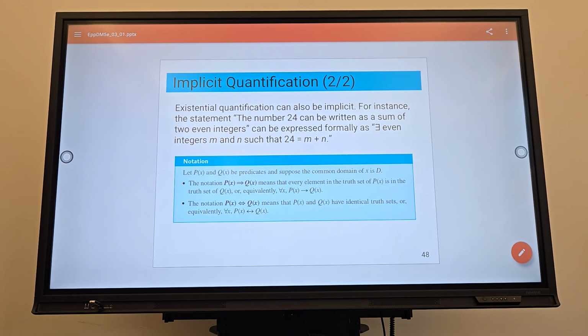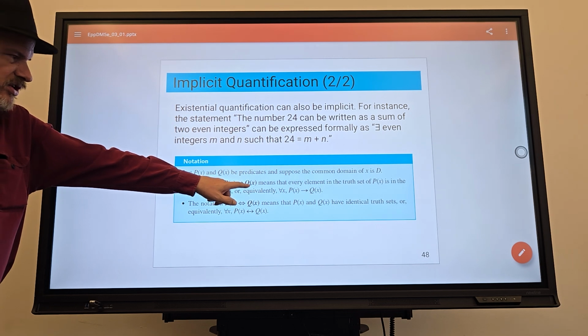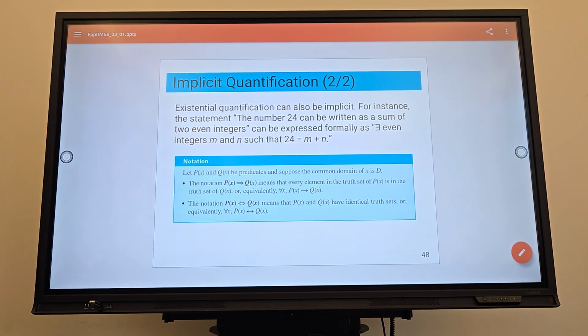The notation P of x with the double-lined arrow to Q of x means that every element in the truth set of P of x is in the truth set of Q of x, or equivalently, for all x, P of x implies Q of x.